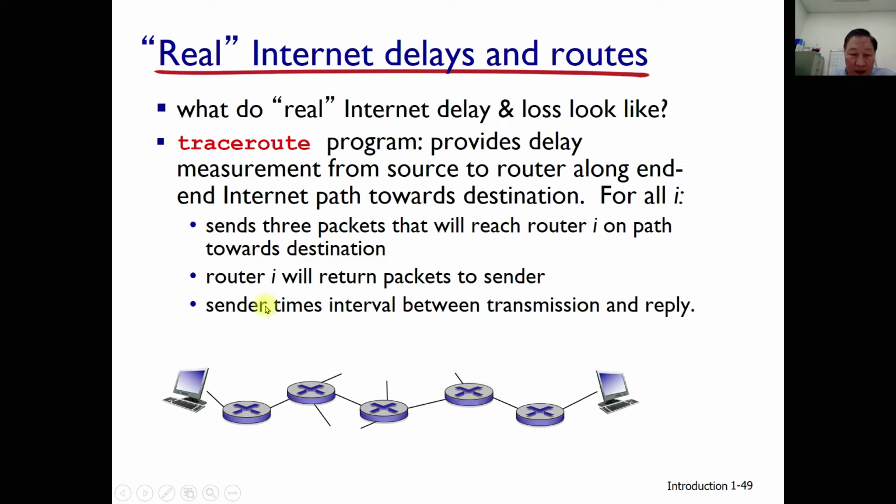Router i will return packets to the sender, and the sender times the interval between transmission and reply. This measures the time between the departing time and arriving time, and the difference is the round trip delay time. 3 times, that is 3 probes, related to the 3 measurements.